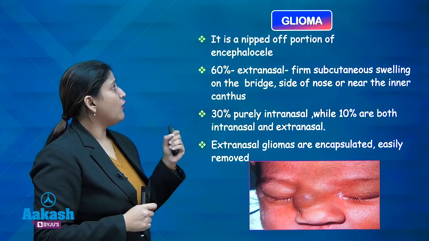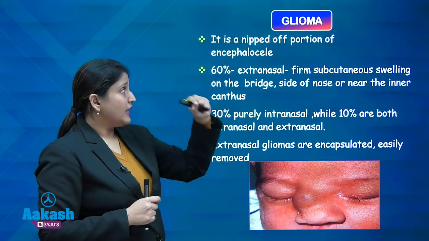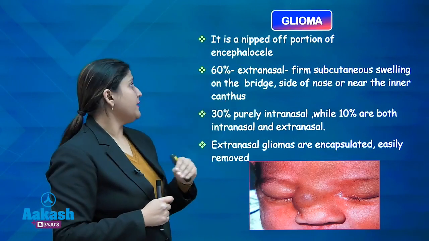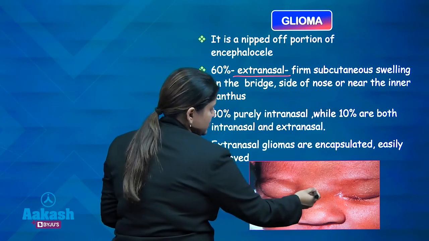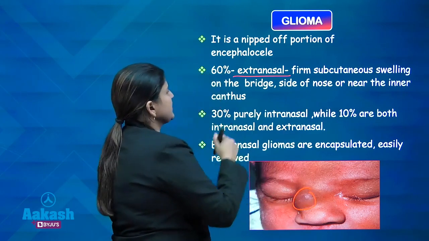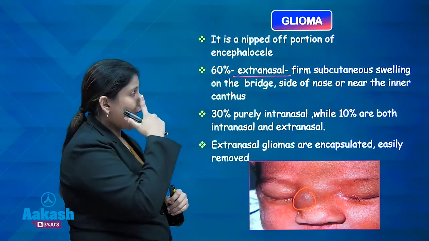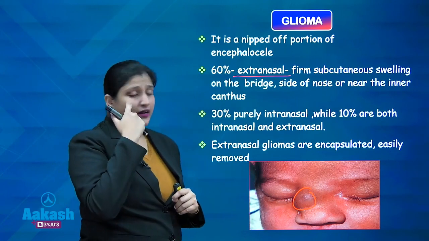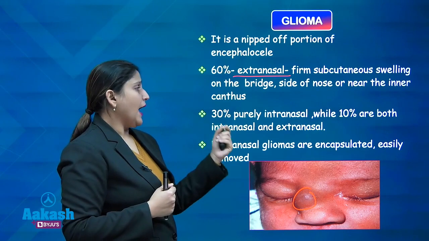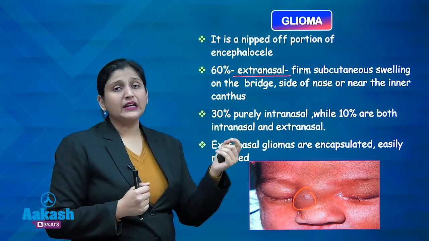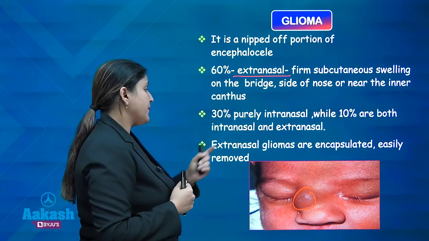It is a nipped off portion of encephalocele. It does not have connection with the brain. 60% are extranasal, that is, they present as a firm subcutaneous swelling on the bridge or the side of the nose or near the inner canthus. 30% may be purely intranasal and 10% can have both intranasal and extranasal components.